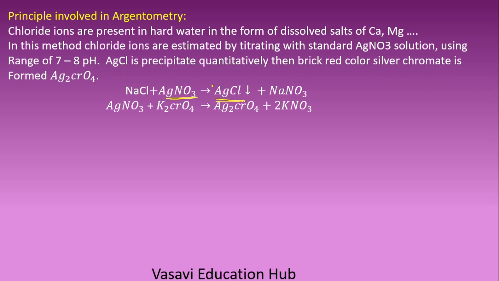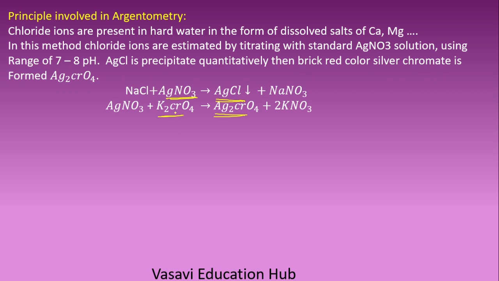So the chloride solution is titrated against silver nitrate with K2CrO4, and then it forms silver chromate as a precipitate. So this is the principle involved in argentometry titrations. Clear, students?